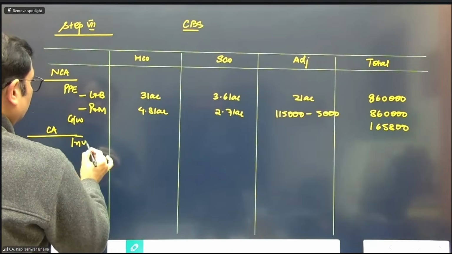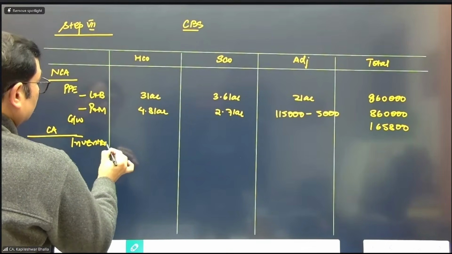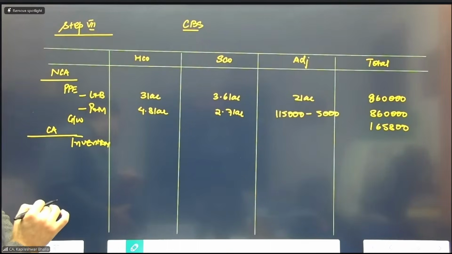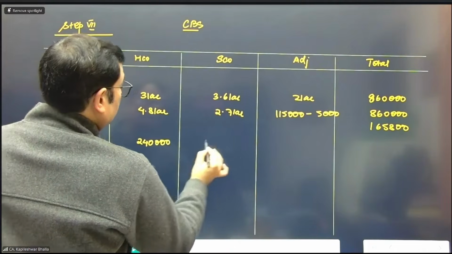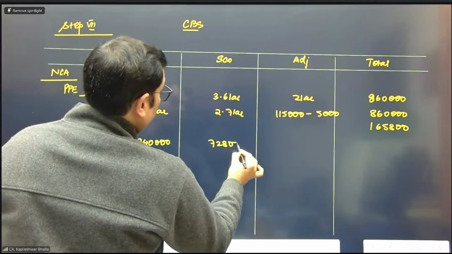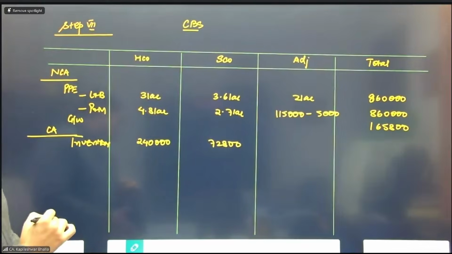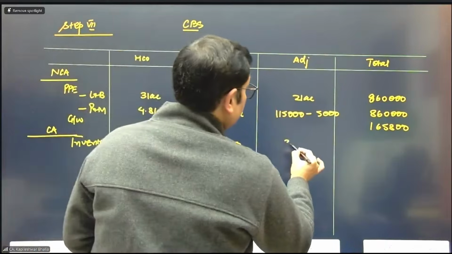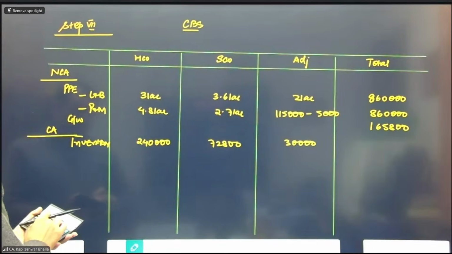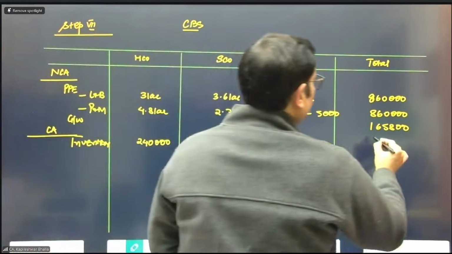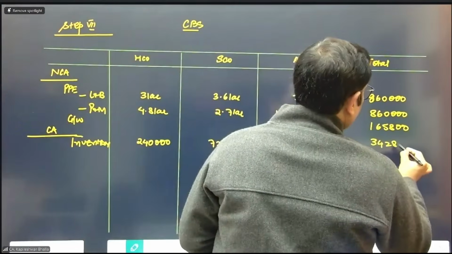So inventory is 2 lakh 40, and it is 72,800. And there is a fair value adjustment that is 30, no stock reserve. So 240 plus 72,800 plus 30, that makes it 3,42,800.